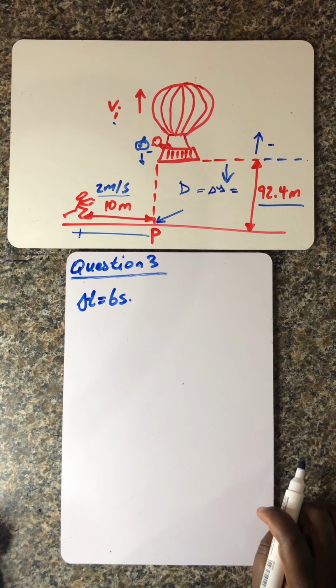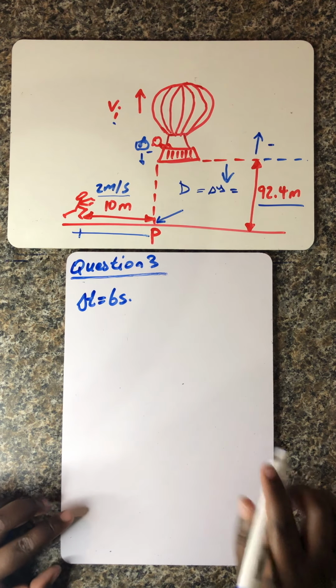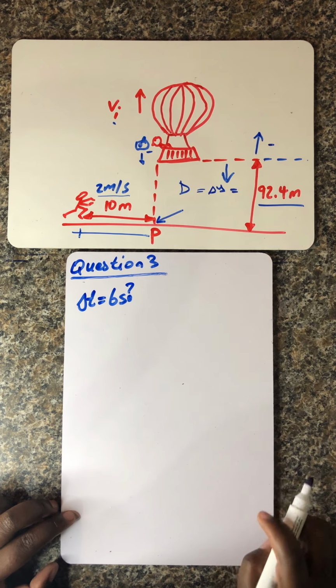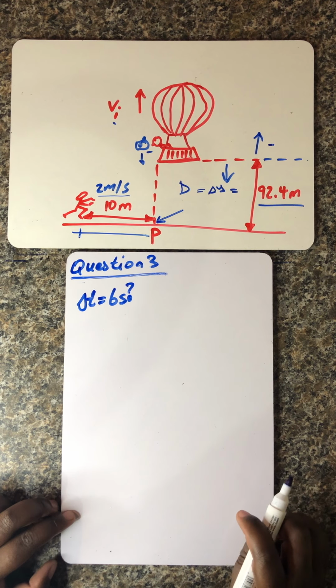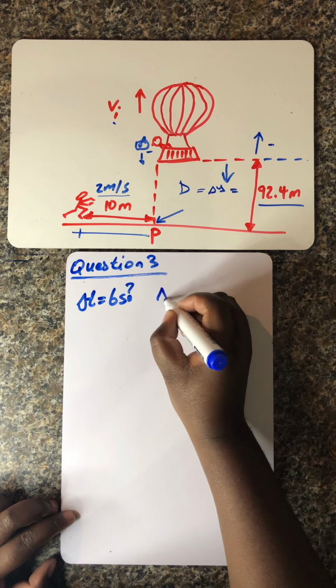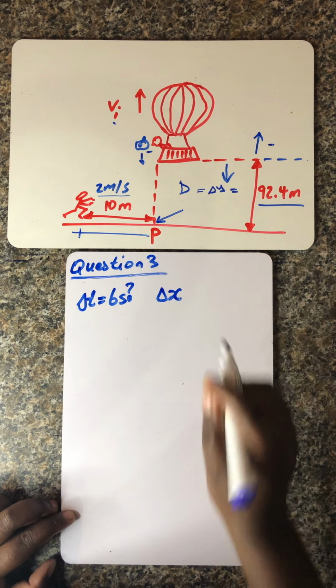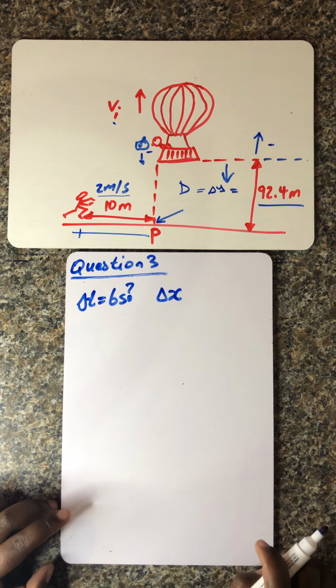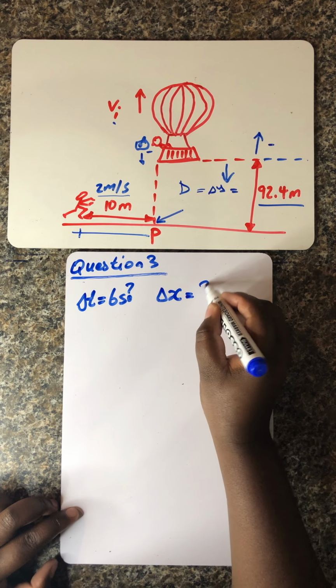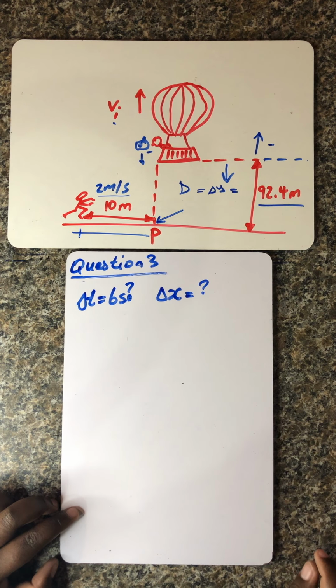Everything is based on the information that we know, which is the time. You can either make use of the time or the distance covered. Let me show you 2 ways in which you can answer this question.